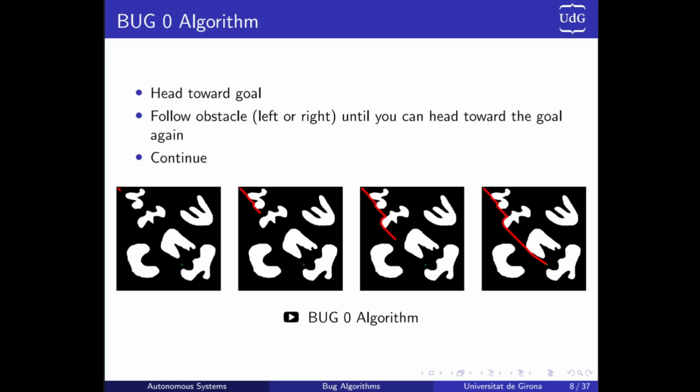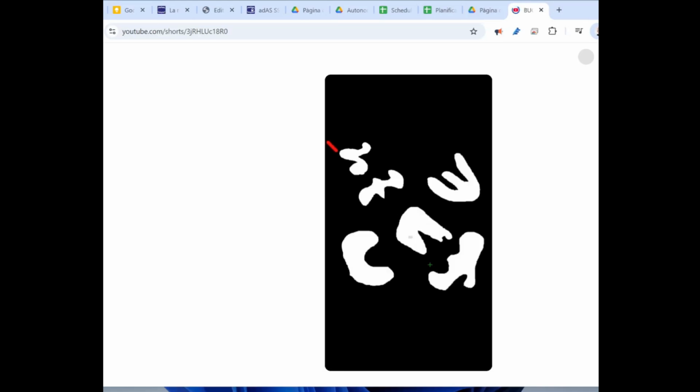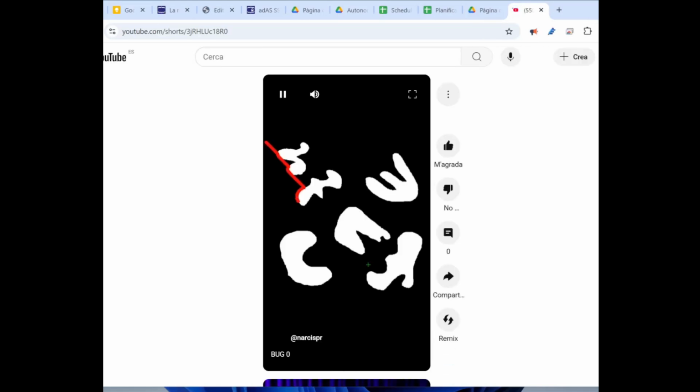Okay, here you see an animation. The robot starts here on top, and then it's trying to go to this green cross that you can see down. As soon as it collides, it's in front of one of the obstacles, it just turns either left or right.